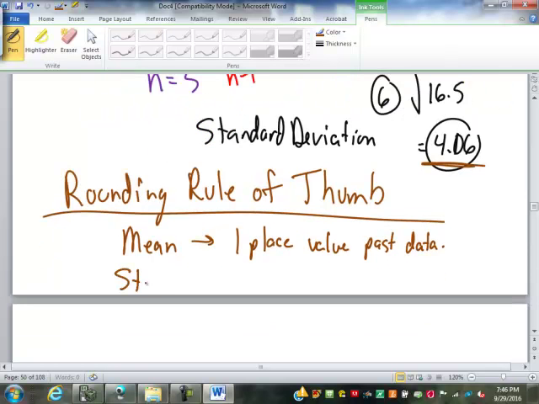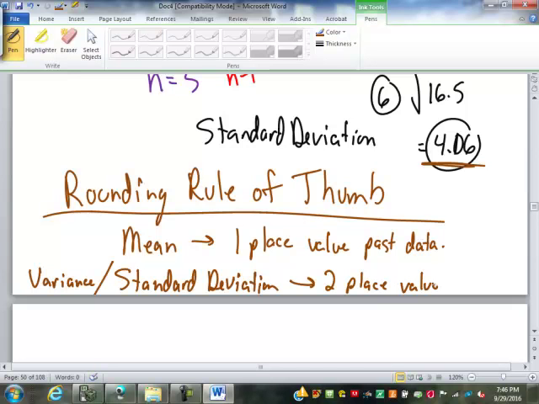Standard deviation, and the variance would be the same, is two decimal places, two place values past the data. That's why I came back and made this 4.06, because our data was to the nearest one. My standard deviation should be the nearest hundredth, two place values past it.